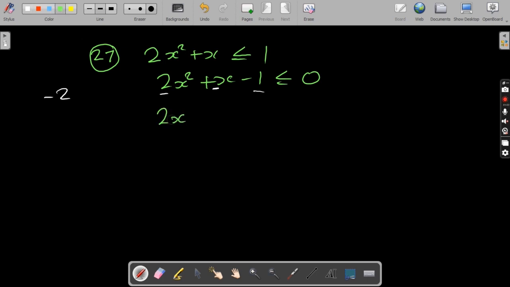So I'm going to convert that 1 into these factors which we just found. First we multiplied a and c to get minus 2. Then we looked for factors of minus 2 which we can add to get b. If you add 2 and minus 1, you get 1, because b is 1.